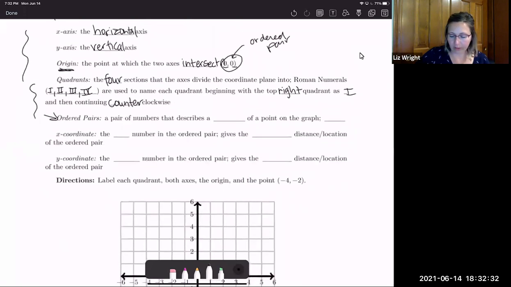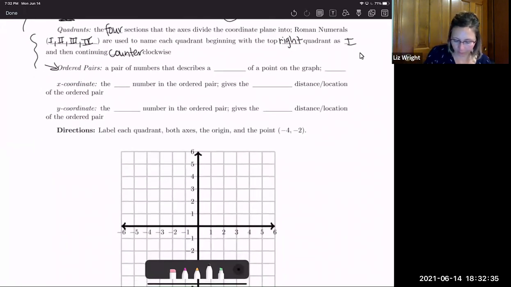So we're actually going to put those labels down here. So far we've got our origin, which gives you the point (0, 0).